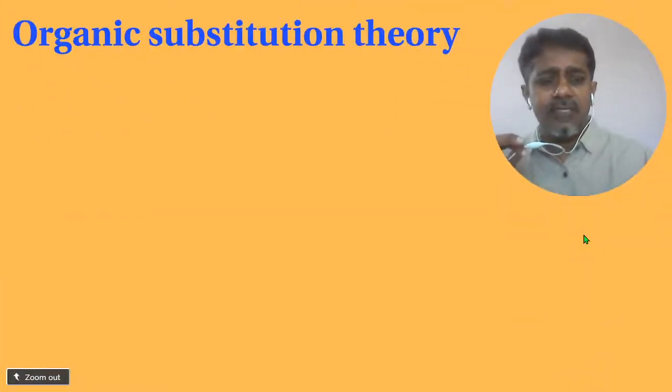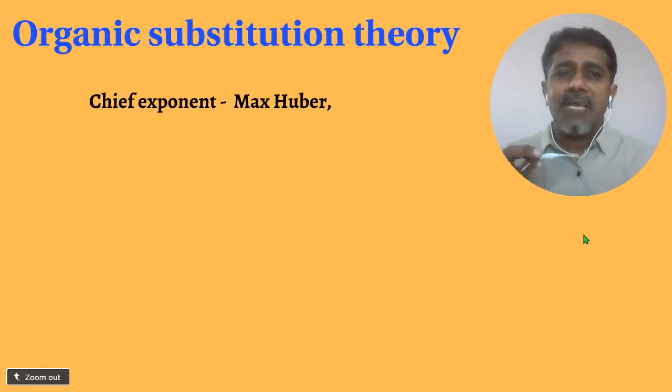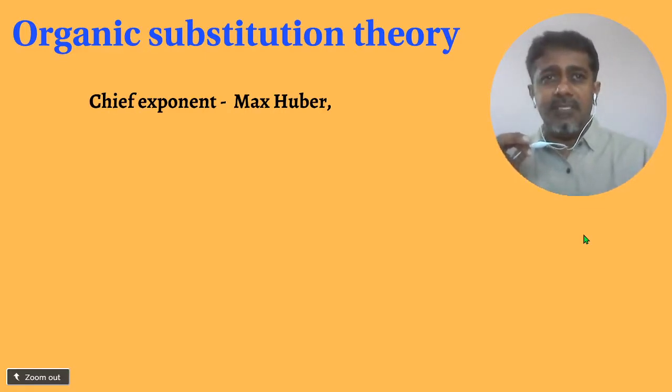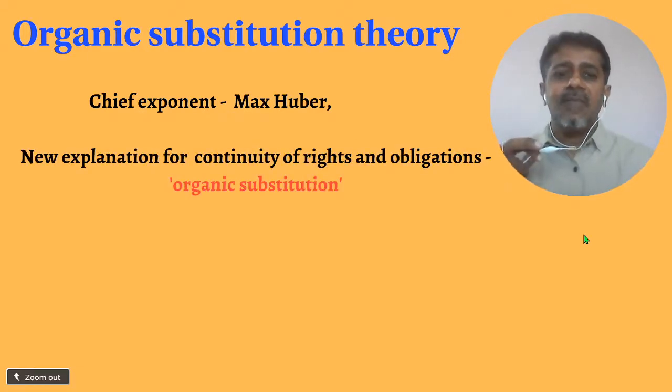Then organic substitution theory, again another phase of universal succession theory. The chief exponent in this regard is Max Huber. Let us see what his principles are all about. He says that it is a new explanation for continuity of rights and obligations.